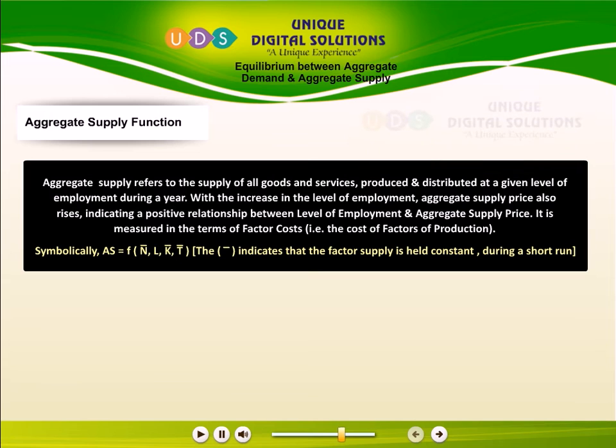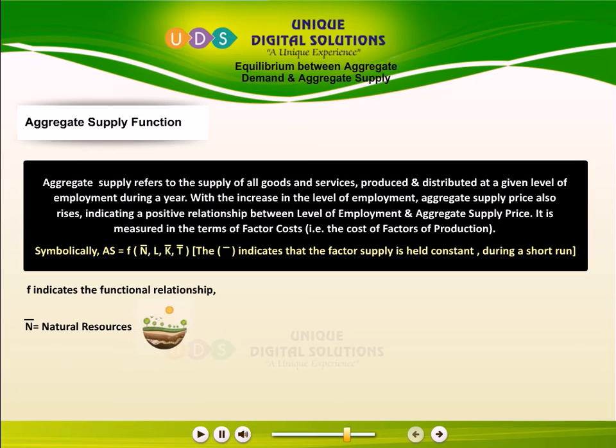Symbolically, AS is equal to F(N bar, L, K bar, T bar). The bar sign indicates that the factor supply is held constant during the short run, where F indicates the functional relationship.